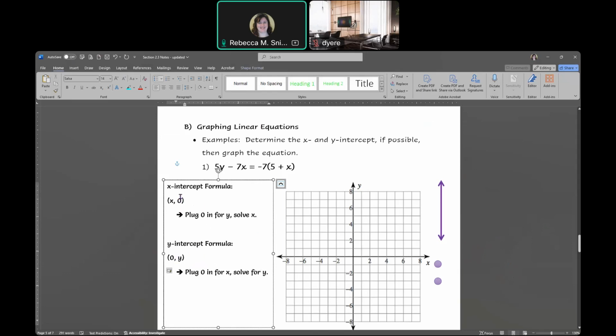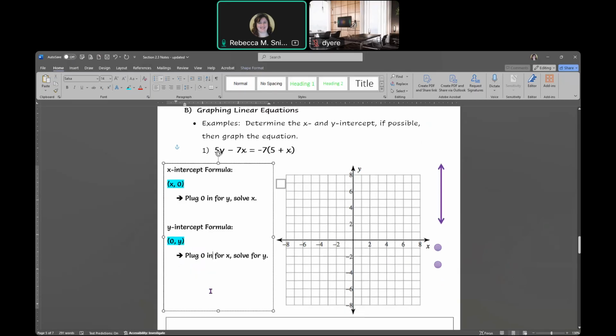They will always be of these two forms. This right here is your x form, and this right here is your y form. That also means that you have to put your answers in their form, okay?